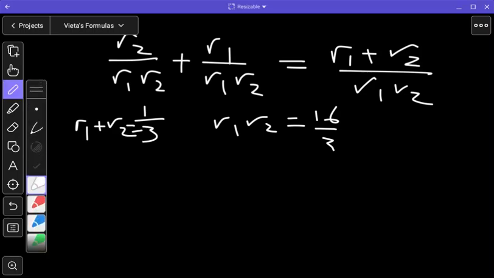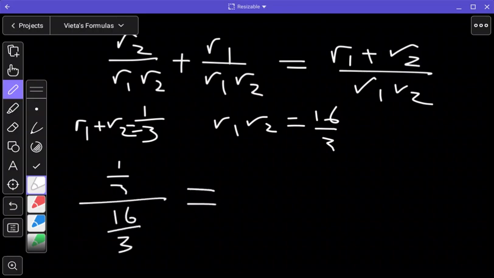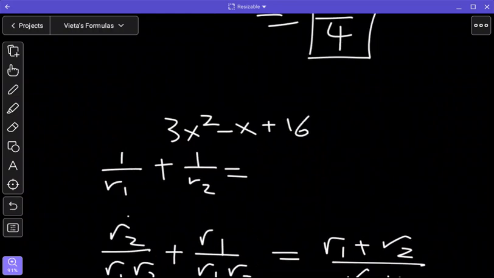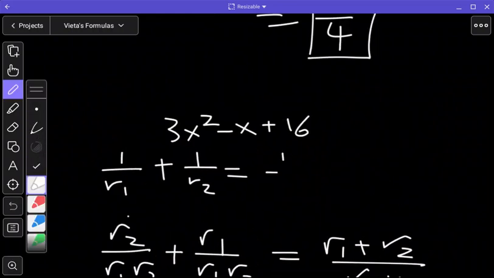And now we can just plug this in. So we have 1/3 over 16 over 3. And now this is equal to 1/3 times 3 over 16, taking the reciprocal. And this is equal to 1 over 16. So we can say that the sum of the reciprocals of the roots is equal to 1 over 16.